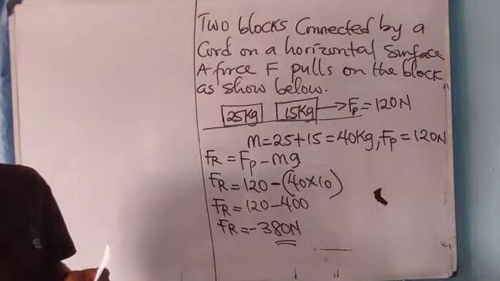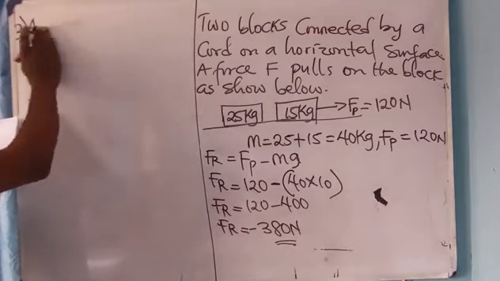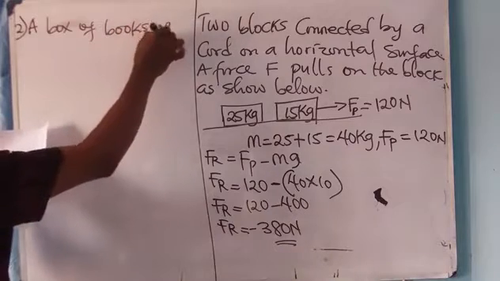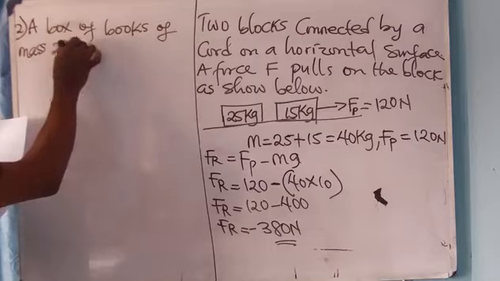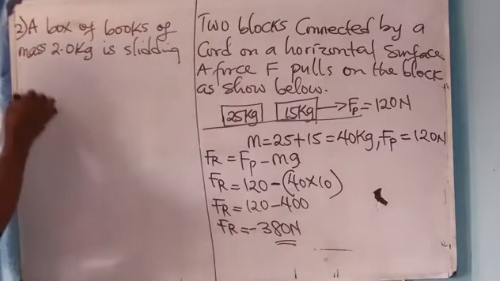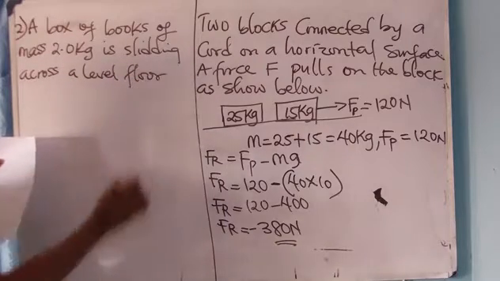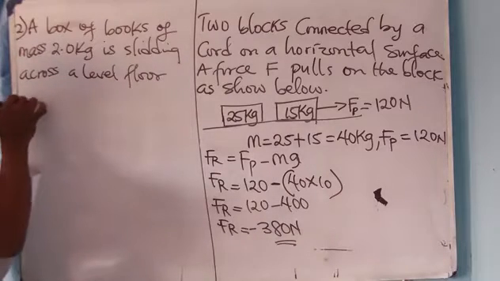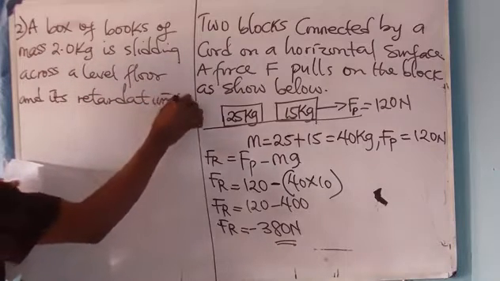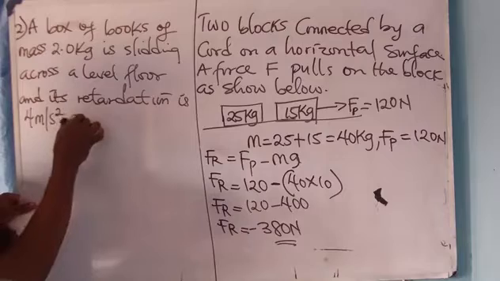Number 2: a block or a box of books of mass 2.0 kg is sliding across a level floor, and its retardation is 4 meters per second squared.